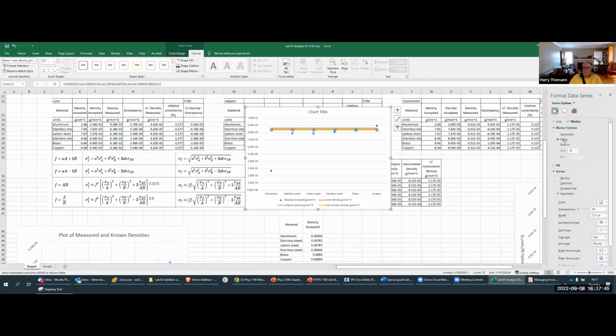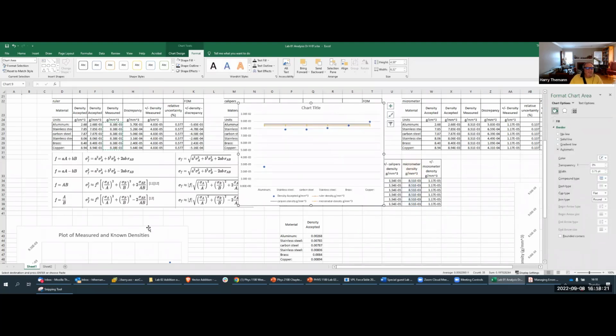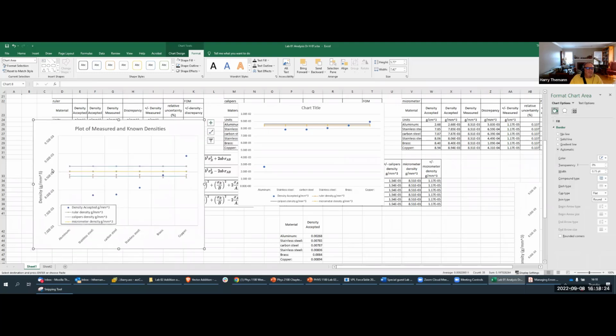Marker, built-in, pink, fine, just make it smaller. And also here, make the line solid, make it smaller. And then marker, built-in, and I want it small. Okay, there it is. Notice it's not quite the same because here I zoomed in, but I'll show you how to do that.